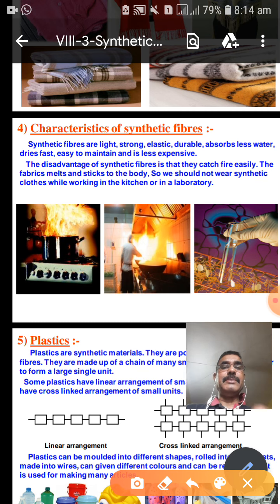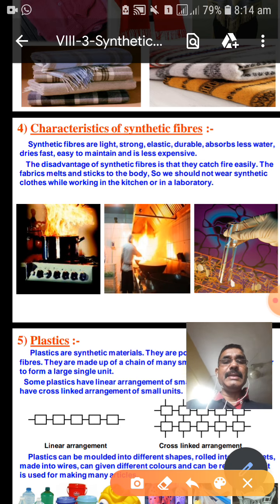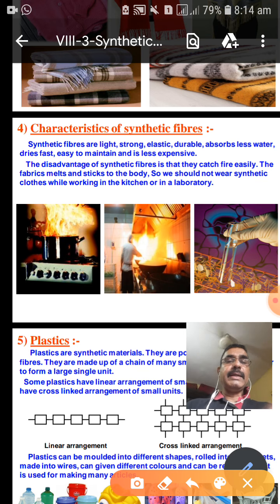Once again I am repeating: light in weight, strong, elastic, durable, absorbs less water, dries fast, easy to maintain and less expensive. And because of these features, synthetic fibers are widely used for making different types of materials useful for human beings.